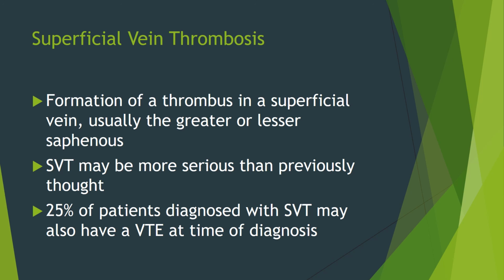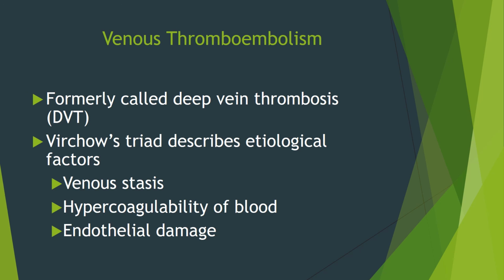Now they're thinking that maybe these superficial vein thromboses are a little bit more important than they thought before, because in 25% of patients who have a superficial vein thrombosis, they may also have a deep vein thrombosis, or a VTE, at the time of diagnosis. So that's what's bad about them.